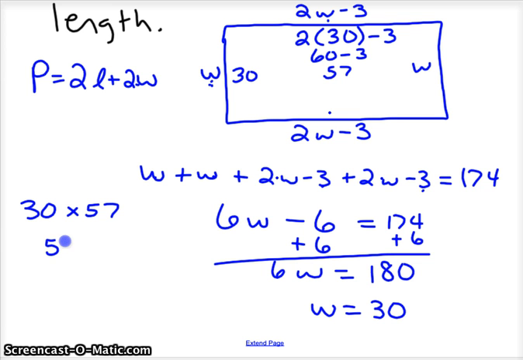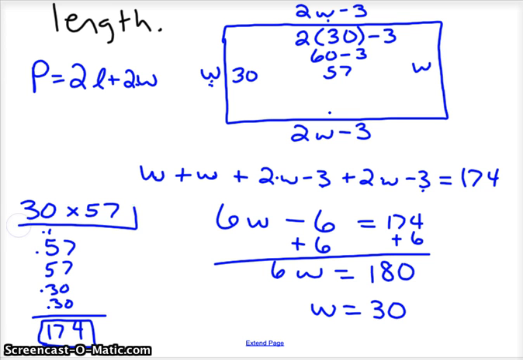So add those together, 57, 57, 30, and 30, and just make sure that you come up with 174. So 174. And so the answer checks out. And so the dimensions of our rectangle are 30 by 57.